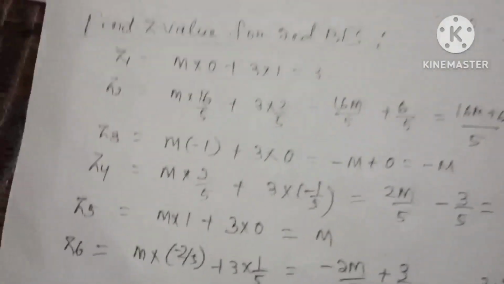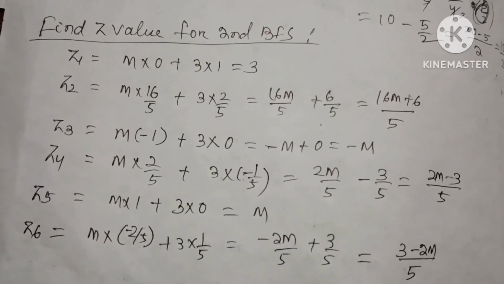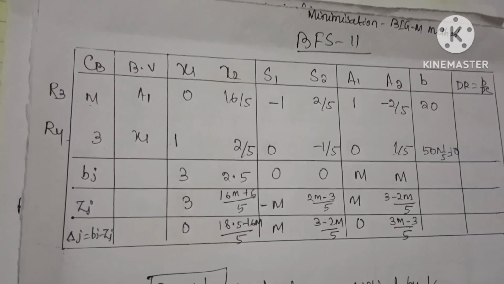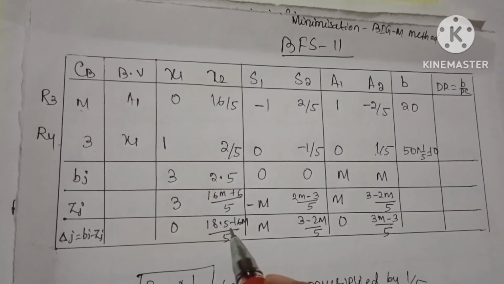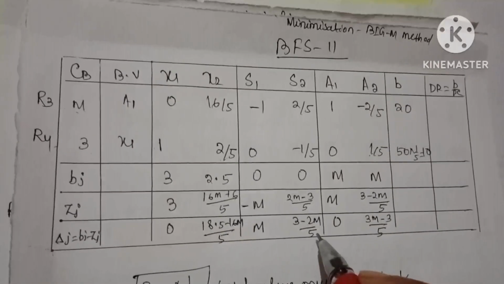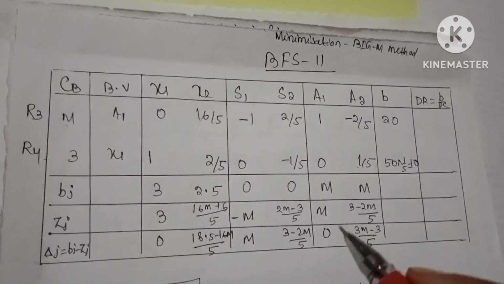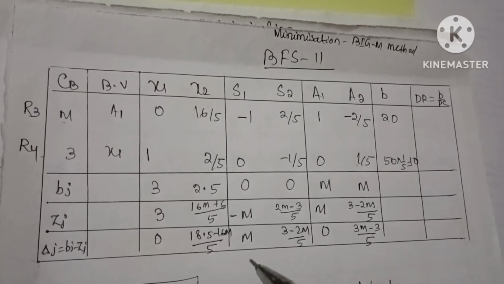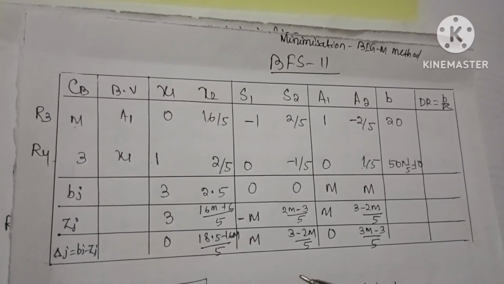And this is your calculation of the z value for the second BFS. Now we have to check for the optimality test. This value represents suboptimality, so we need improvement. Next, to decide the key column, we have to find the largest negative magnitude.